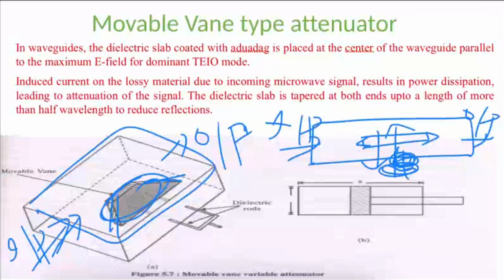Whenever the tapered resistive film is moved backward, that is, the knob is rotated anti-clockwise, then the vane returns outside. During that time, a lesser percentage of attenuation will take place. That's why this is called a variable type of attenuator.